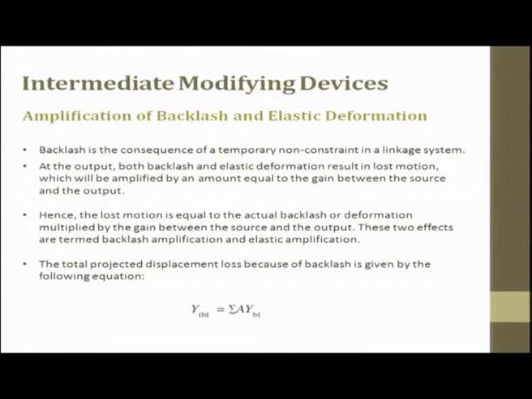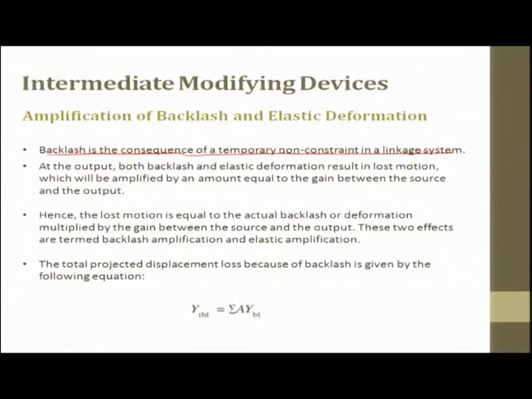Amplification of backlash and elastic deformation. So, this is also very important. Backlash is the consequence of a temporary non-constraint in the linkage system. For example, if you have two gears meshing with each other, over a period of time these gears get worn out.